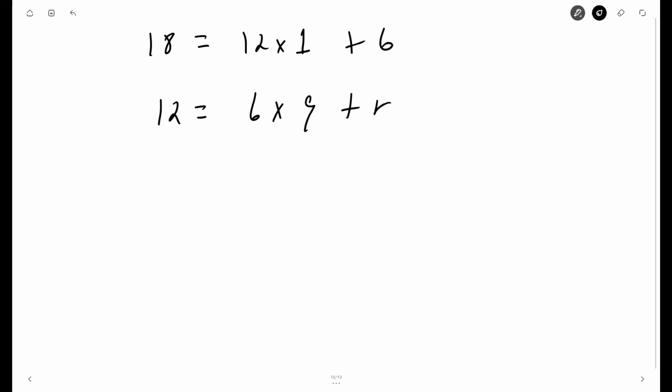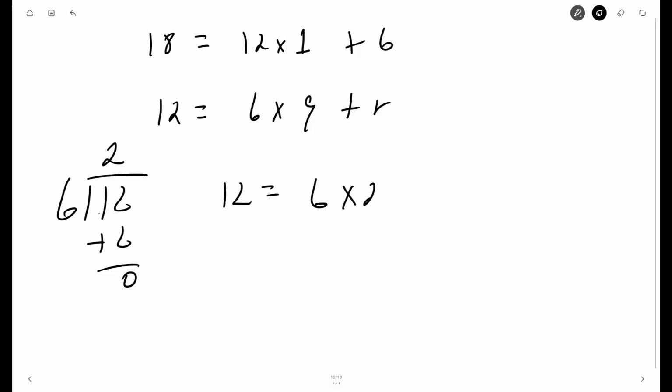Now we're going to swap. So 12 is equal to 6 times Q plus R. 12 and 6, that's going to be 2, and the remainder is 0. So 12 is equal to 6 times 2 plus 0. And now we stop.